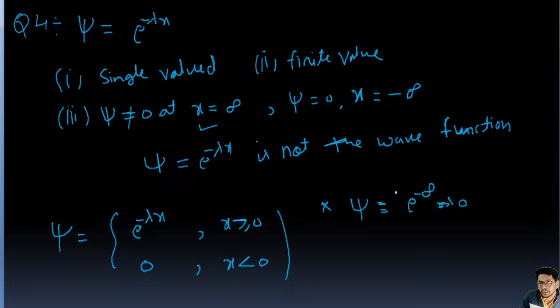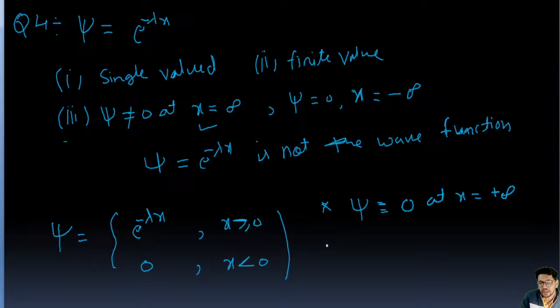So it is going to give value 0 at x equal to plus infinity, and at minus infinity it is already 0 according to this condition. So this is satisfying this condition.